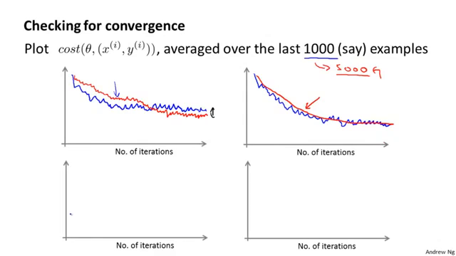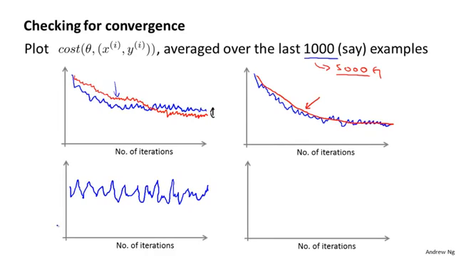Along a similar vein, sometimes you may run stochastic gradient descent and end up with a plot that looks like this. It looks like the cost just is not decreasing at all. It looks like the algorithm is just not learning. It's basically a flat curve.